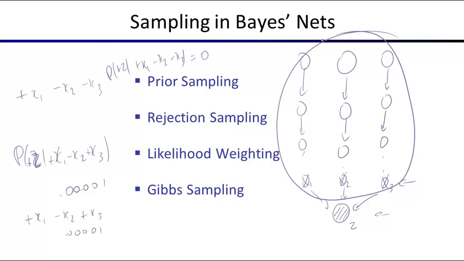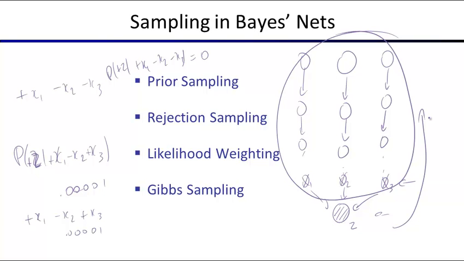Ideally, you would say, I know it's plus z. I want x1 and x2 to be sampled in a way that they're very compatible. You'd rather start from the bottom, fix plus z, and work your way up. With the evidence from the beginning, you get much better samples.